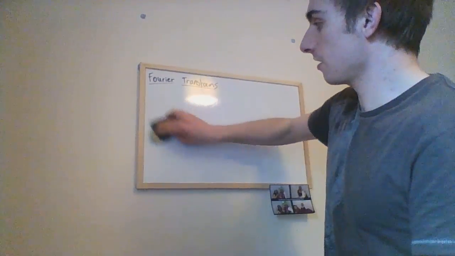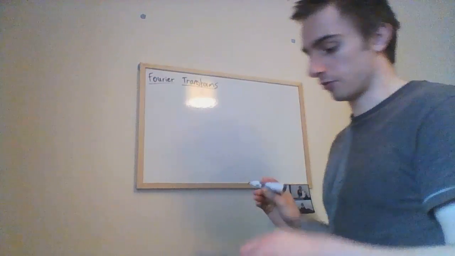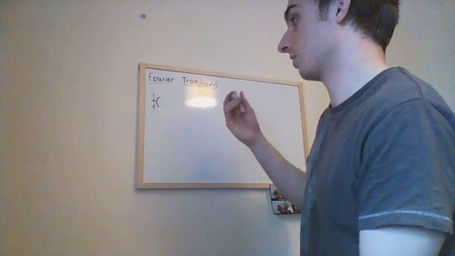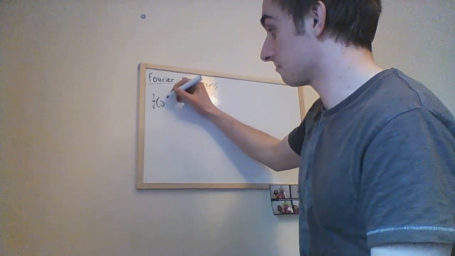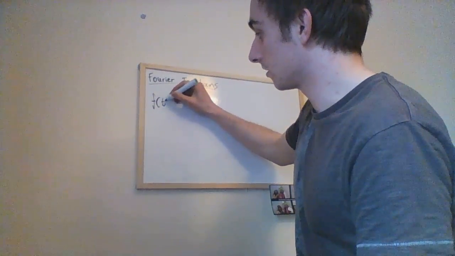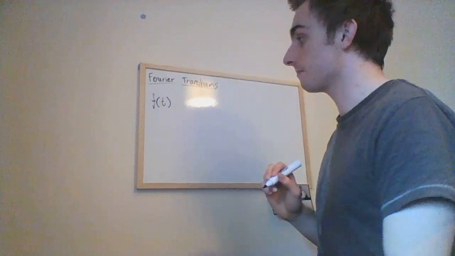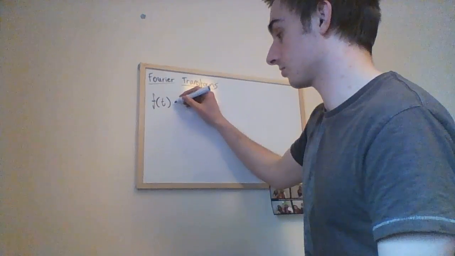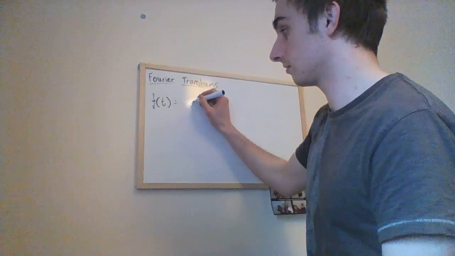So let's look at the maths of it. For a Fourier transform, we have a function in terms of something, let's say t, in terms of time, which equals blah blah blah.